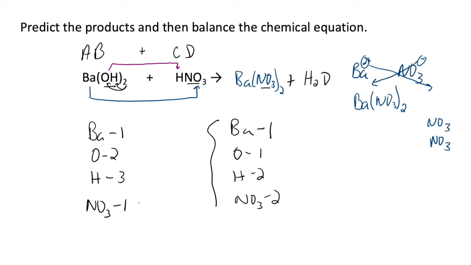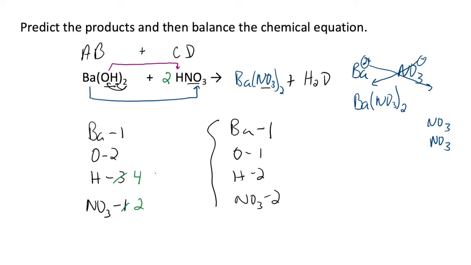The first thing I'm going to balance will be the polyatomic ions of the nitrates. So I have 2 on my product side. If I add a 2 here, then that means I have 2 nitrates, they're balanced, and now I need to update my hydrogens. So the 2 hydrogens within the barium hydroxide plus the 2 hydrogens here in the nitric acid gives me 4 hydrogens.